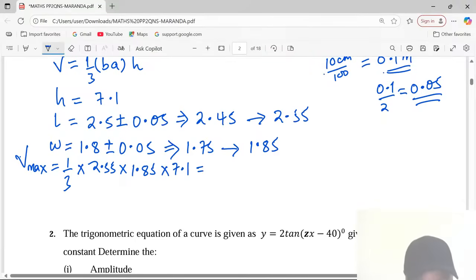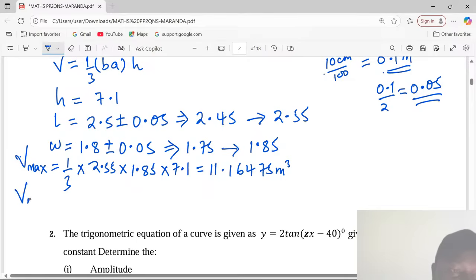Yeah, the height is fixed. So this gives us a maximum volume of 11.16475 meters cubed.